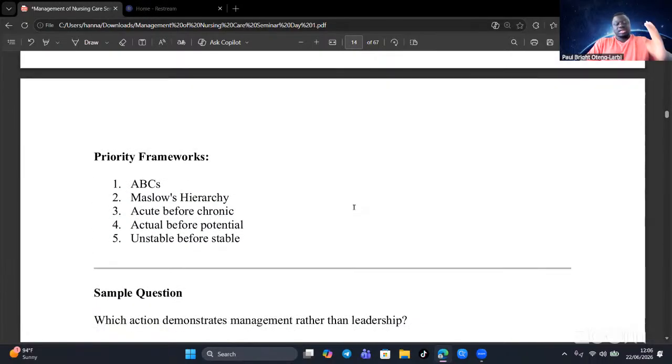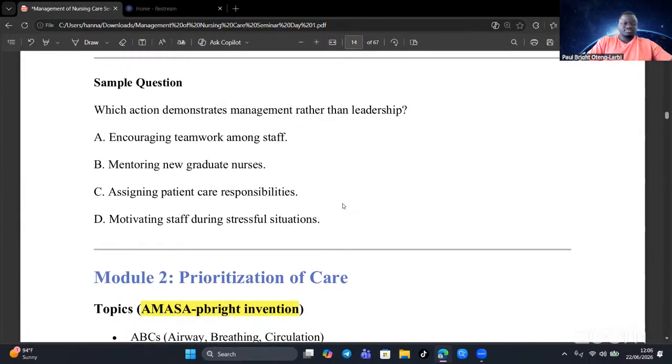Now, let's look at this question. What action demonstrates management rather than leadership? Choose your answer before we go to prioritization.